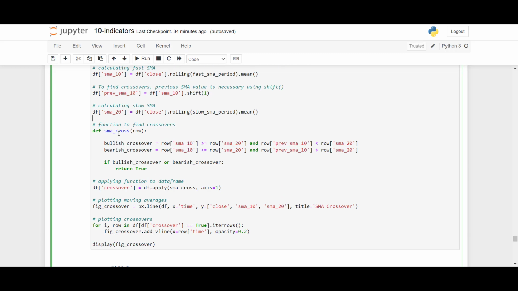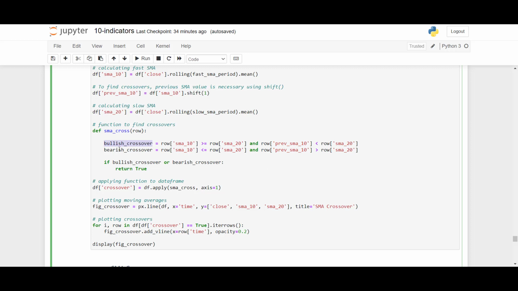And here I wrote a function to find an SMA cross. Basically, a bullish crossover is defined when the fast simple moving average is above the slow simple moving average, but the previous simple moving average value was below, which means that it is a crossover. And for a bearish crossover, it is the other way around.